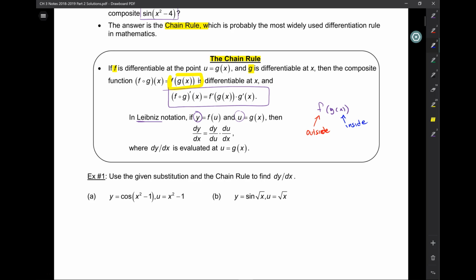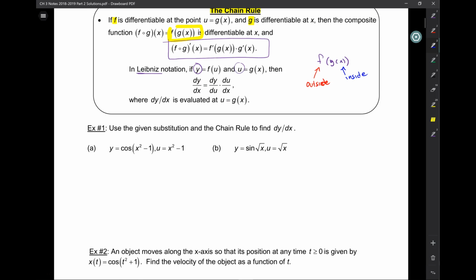And then when you do that, here's what you do. dy dx is equal to the derivative of the outside function, okay, times the derivative of the inside function.